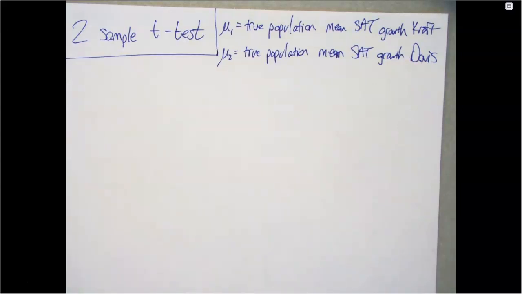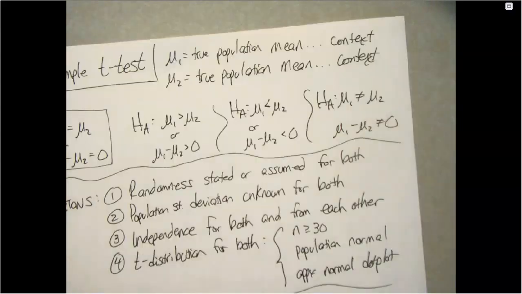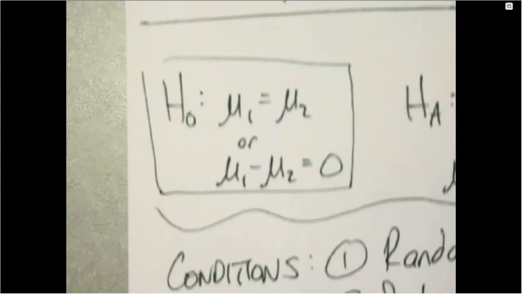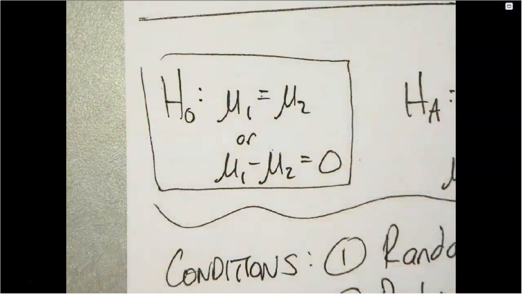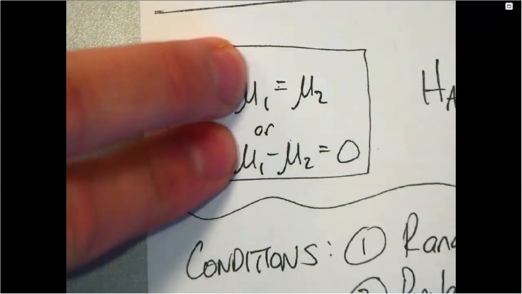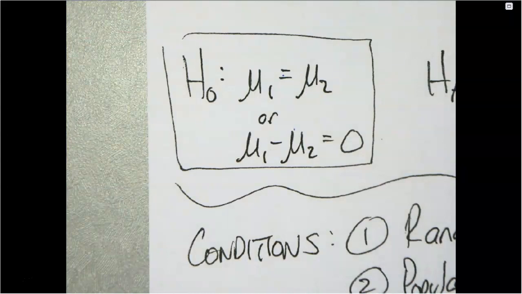So your null hypothesis, H0, can be written two ways. I put it on the sheet here. Let's zoom way in so you can see that. We start off assuming they're the same. Davis's growth and Kraft's growth will be the exact same. That's what your H0 is always going to be. There's two ways you can write it, and both are saying the exact same thing, which confuses some people.